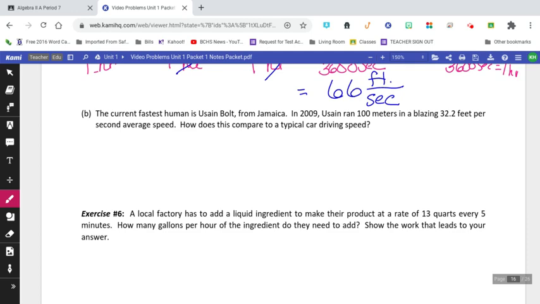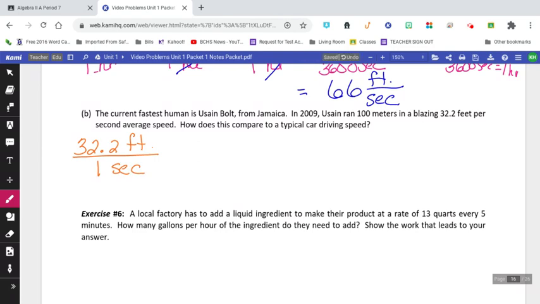How does this compare to a typical car driving speed? Now, the thing you have to realize here is the 100 meters have nothing to do with this. We're interested in his rate. His rate was 32.2 feet per 1 second.